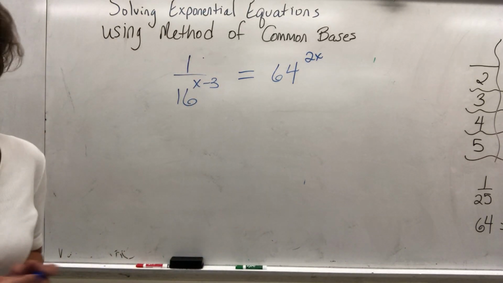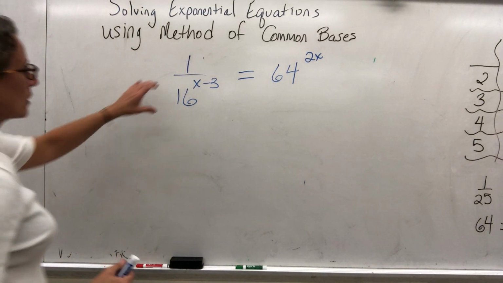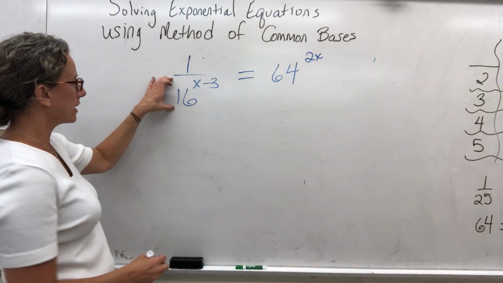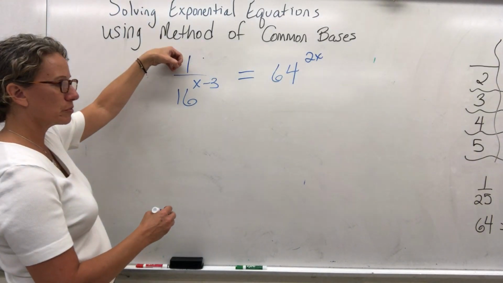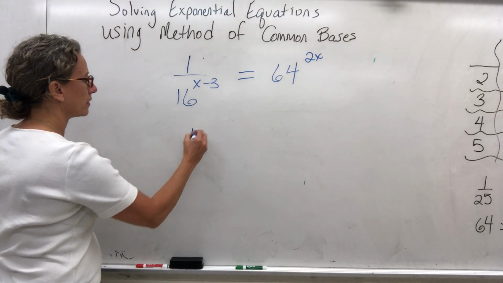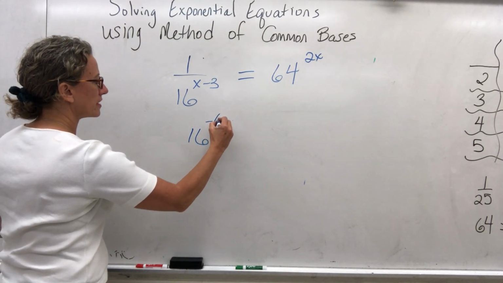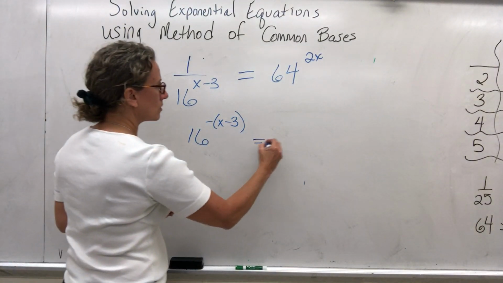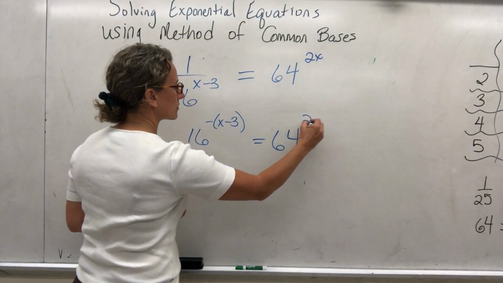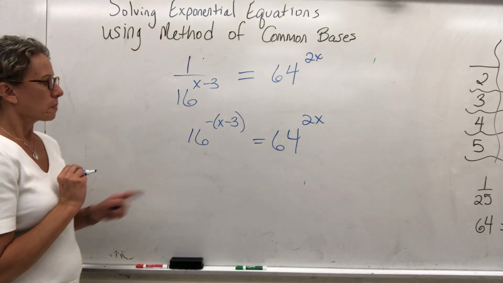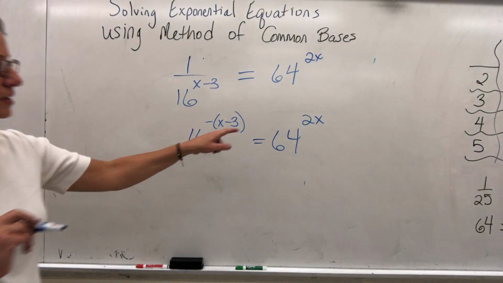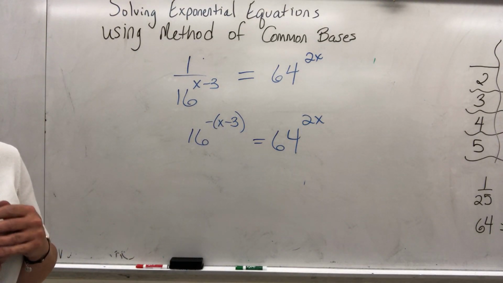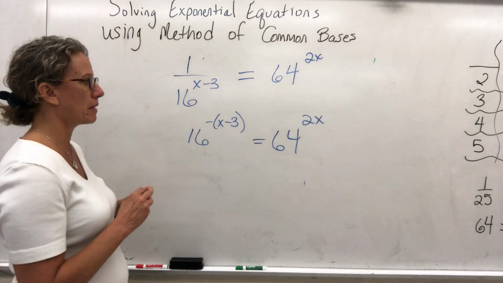To solve this, first of all, I have a fractional base, and I can't have that. So I have to bring it to the numerator, and in bringing it to the numerator, I'm going to raise it to the negative power as such, equals 64 to the 2x. I have to think, 16 and 64, how can I rewrite each of those bases to match a power?